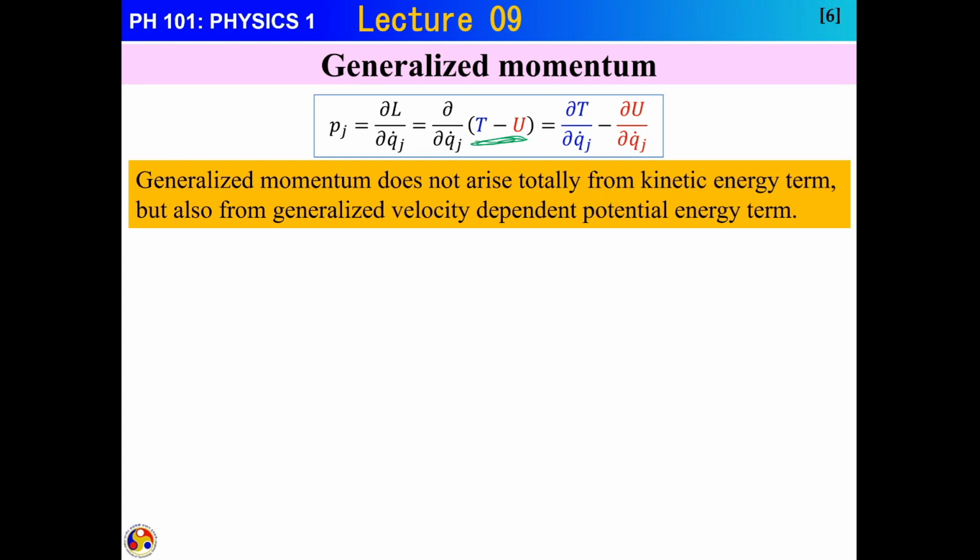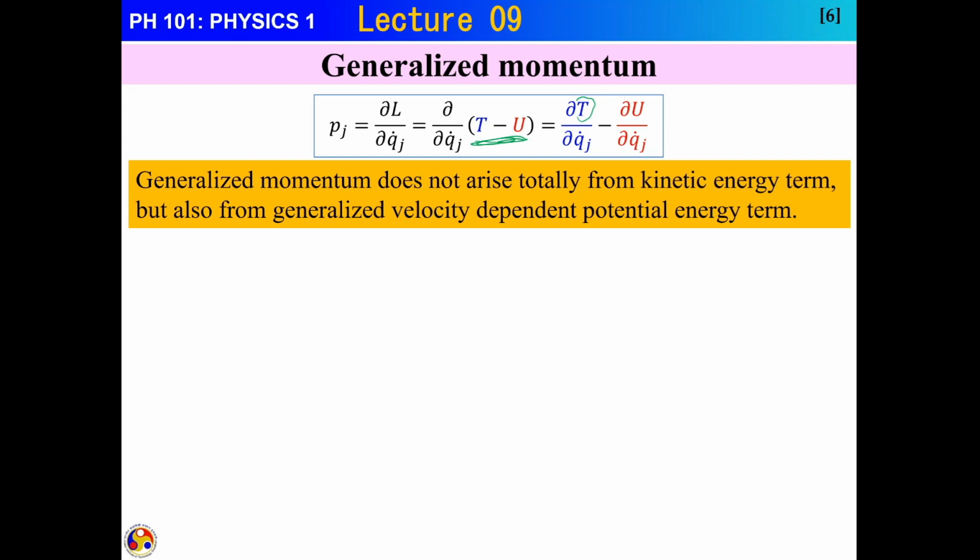So if you take the actual derivative, it has to be the derivative of kinetic energy with respect to generalized velocity, as well as the derivative of potential energy with respect to generalized velocity, which also exists. So that means the generalized momentum does not come only from the kinetic energy term, it also has the generalized velocity dependent potential energy term that you should always consider.